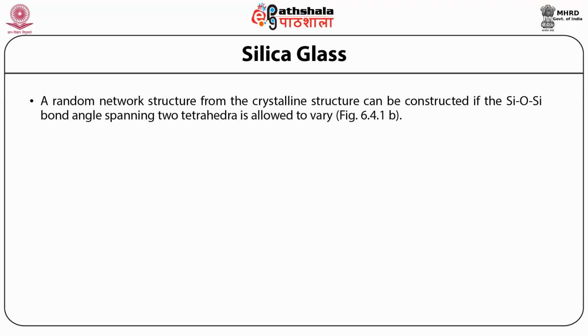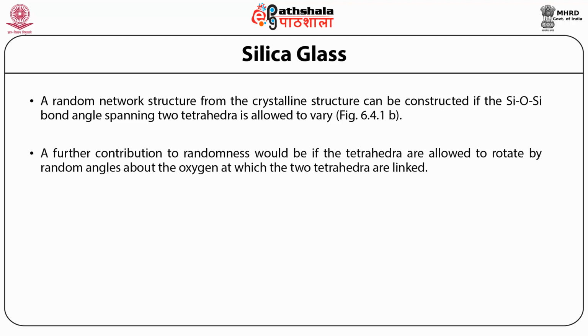A random network structure from the crystalline structure can be constructed if the Si-O-Si bond angle spanning two tetrahedra is allowed to vary. This case is shown in figure B. A further contribution to randomness would be if the tetrahedra are allowed to rotate by random angles about the oxygen at which the two tetrahedra are linked.